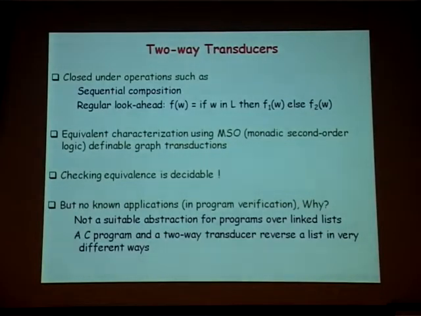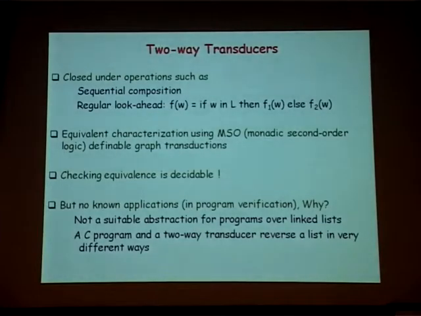So I'm not going to actually tell you about this, the logic-based approach, because if you haven't seen it before, it would take a bit of time to explain how that works. But let's just take it for granted that for everything that I'm going to talk about, there is an equivalent logic-based characterization.